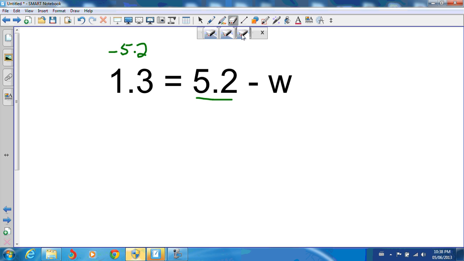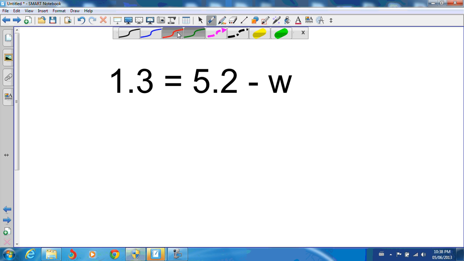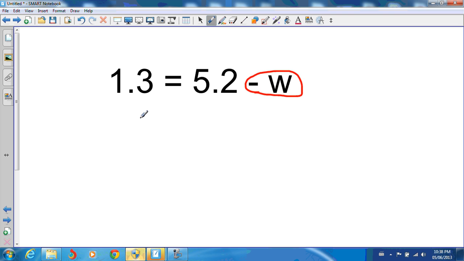So perhaps the easiest way to do that one would be, instead of doing one move, we can move this negative w over to this side, and he becomes positive w. So we're going to have w there. And we're also going to move this guy over to the other side here. So we're putting all the numbers with all the numbers.